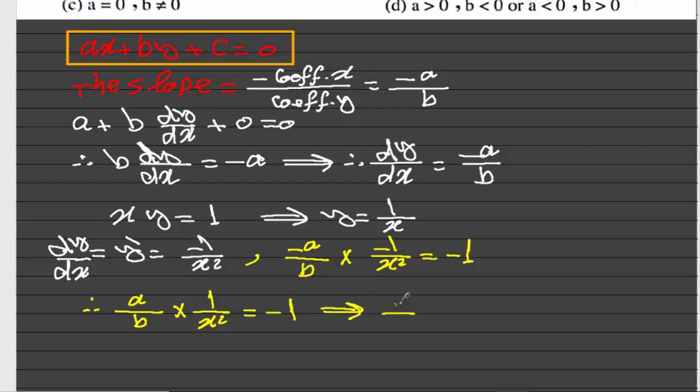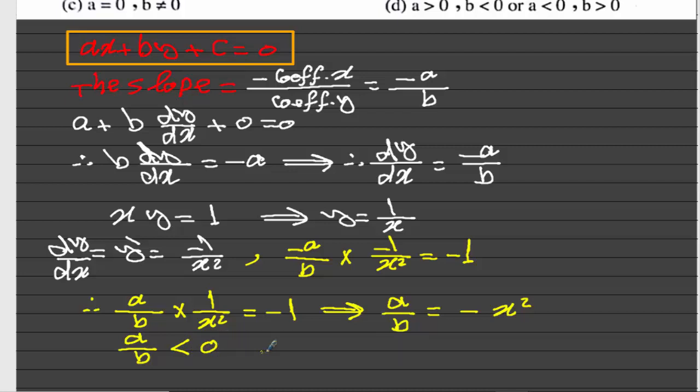Also, we can deduce a over b equals -x square. So always a over b is less than 0, always a negative number.